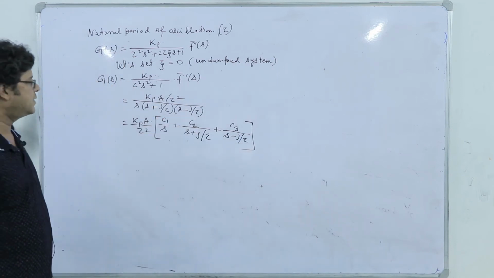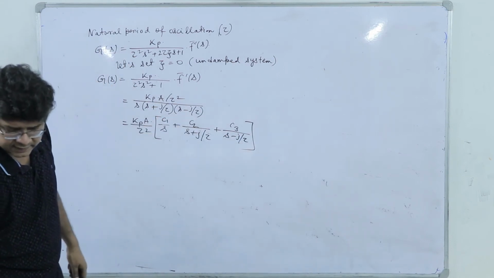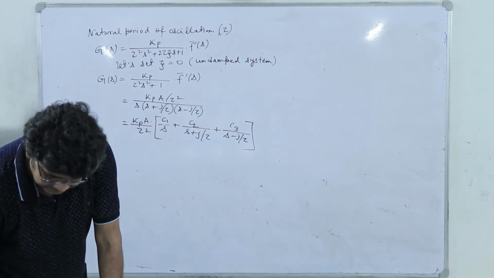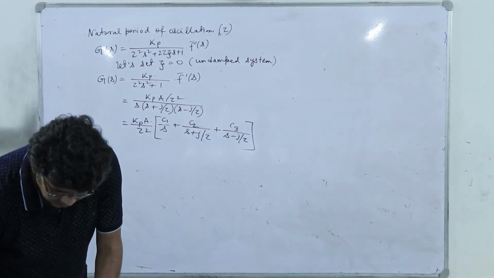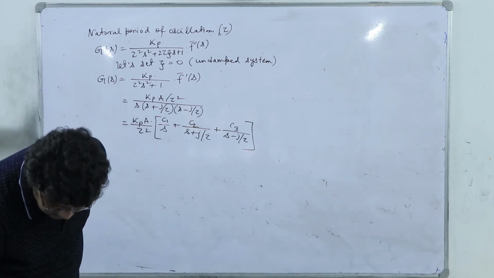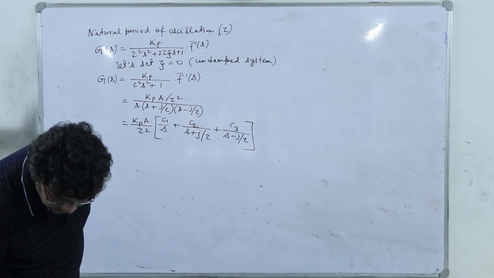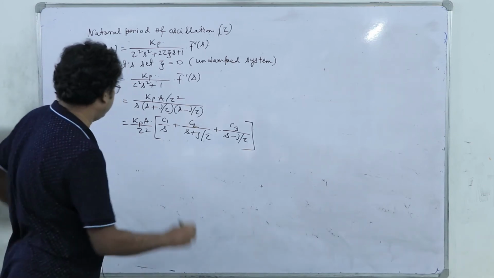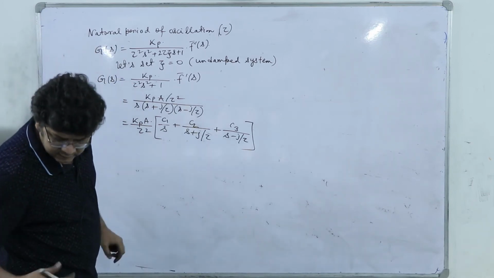So, let us find out the values of C1 and C2 by this partial fraction methodology, and this we will get as half and half with minus sign.